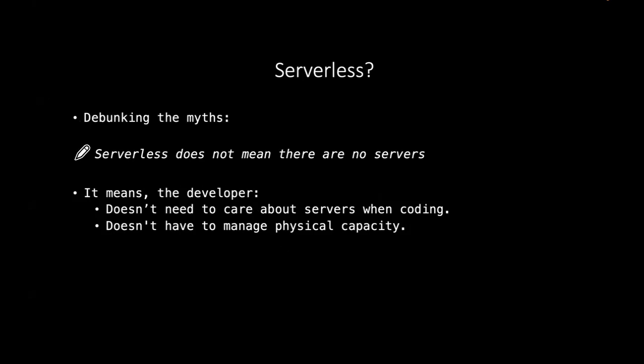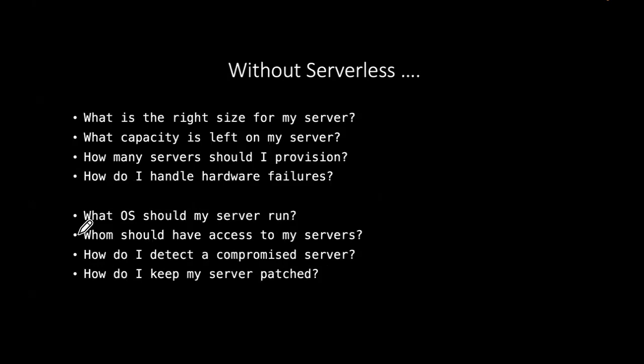So serverless does not mean that there aren't any servers. What it means is that you don't have to concern yourself with these issues here. If serverless never came about as a platform, then as a developer, these are some of the issues that you would have to be dealing with. You can read through those yourselves. They're both at the hardware level and at the operating system level.